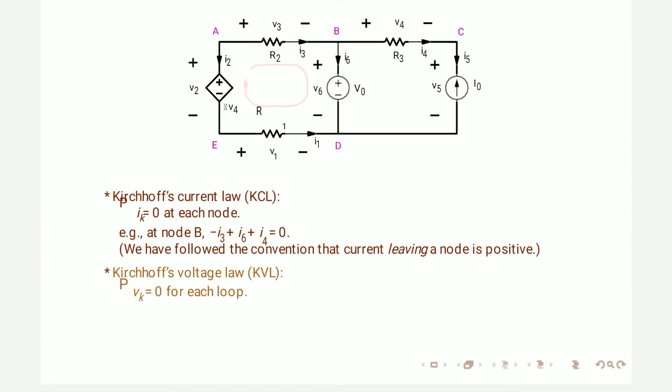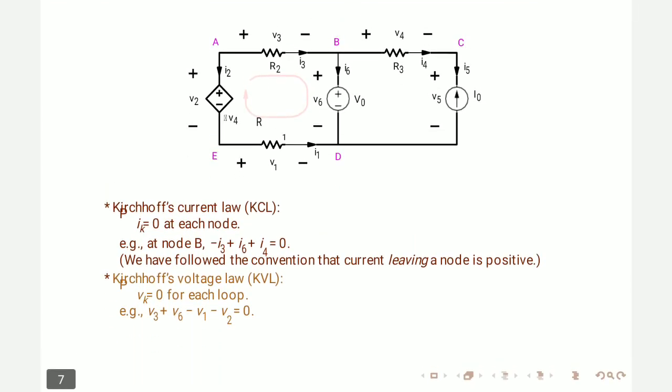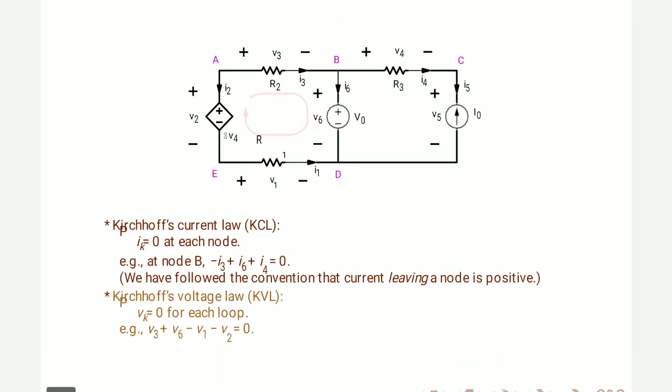And Kirchhoff voltage law: Vk is equal to 0 for each loop. How is it written? See here, the KVL loop equation example.